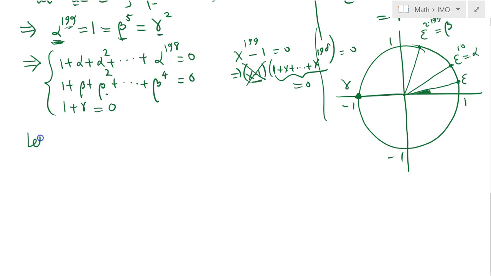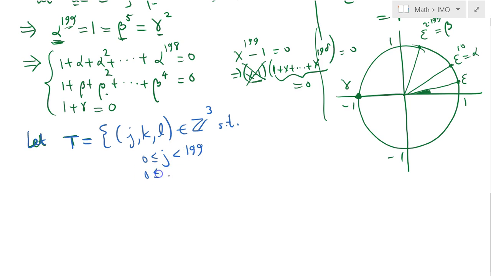Let T be the following triples of integers in Z cubed, such that 0 is less than or equal to j, strictly less than 199, 0 less than or equal to k, strictly less than 5, and 0 less than or equal to l, strictly less than 2. That's our set T.